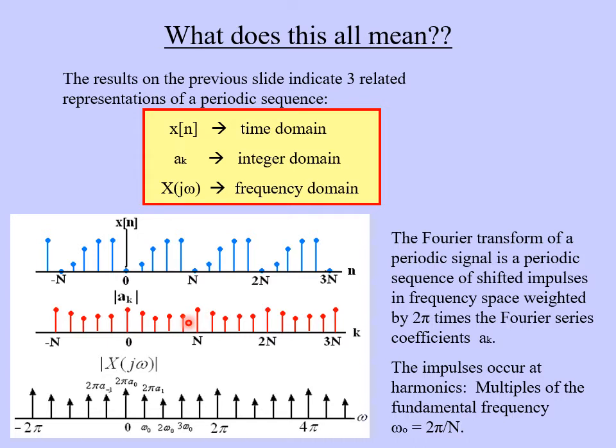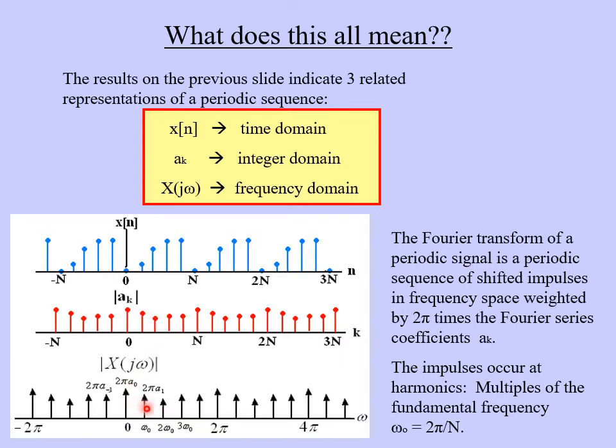What we do now to find the Fourier transform, X of j omega, at least the magnitude part, is take each of these values here and replace each of them with a delta function. So we have a spike, and the delta functions are weighted by 2 pi times the value of these Fourier coefficients. The first one has a weight of 2 pi a naught, the next one 2 pi a1, where a1 is the value up here. The next one would be 2 pi a2, and a2 is this one here.